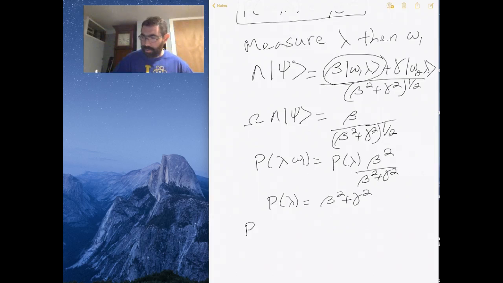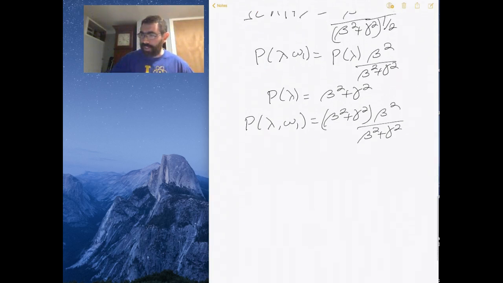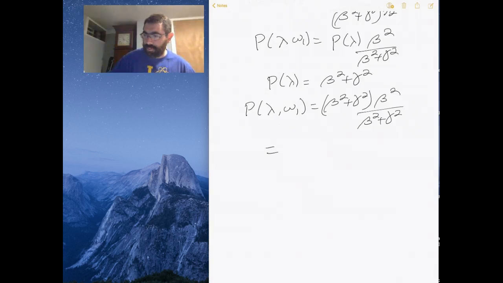So in the end, the total probability would be beta squared plus gamma squared times beta squared over this normalization. And so in the end, what we would get is beta squared again.